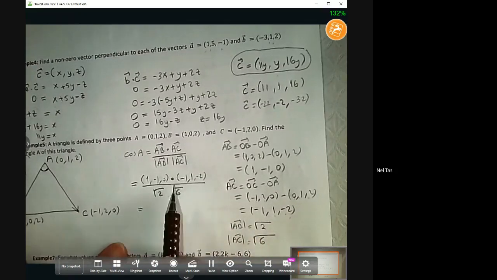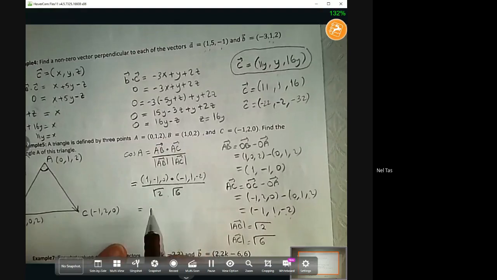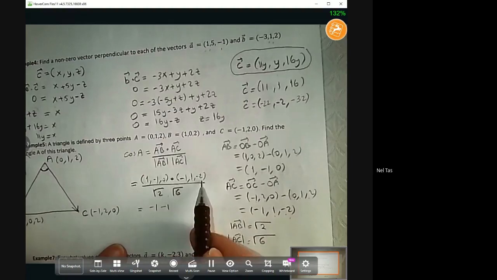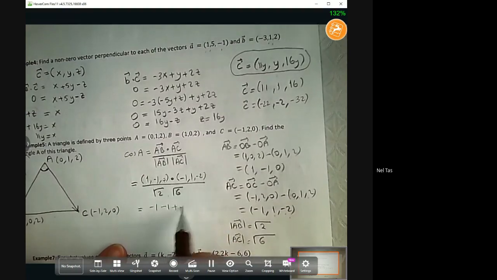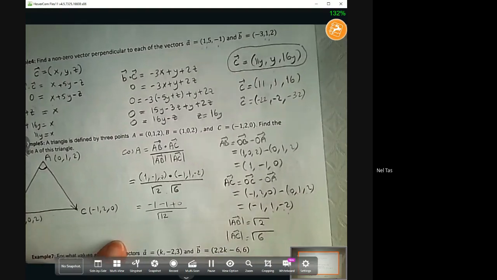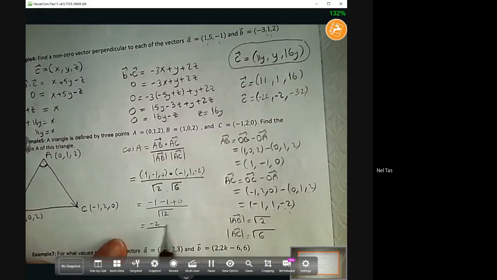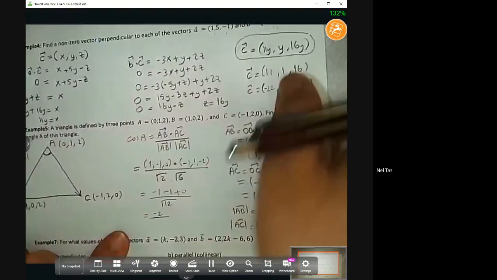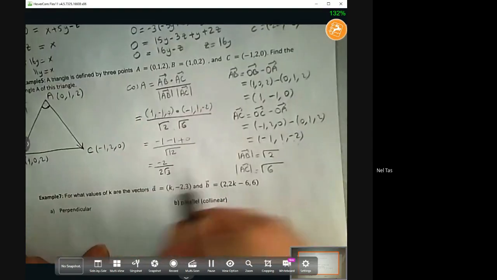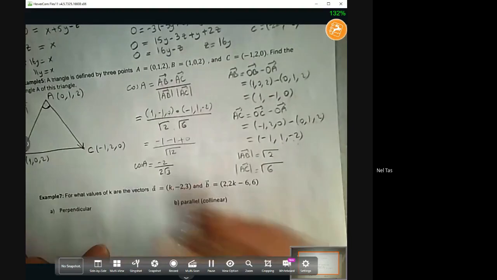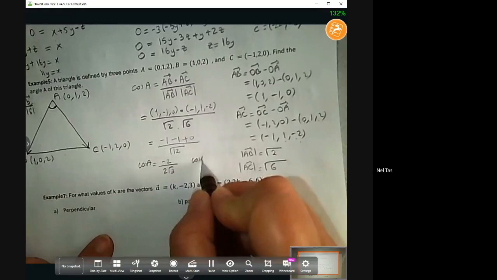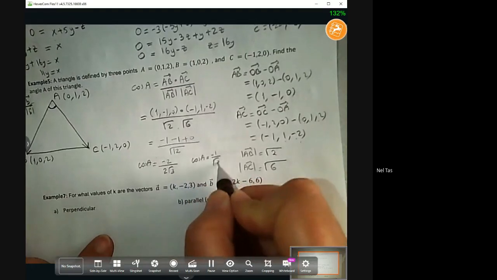Okay, so let's do the dot product. 1 times negative 1 is negative 1. Negative 1 times 1 is negative 1. 0 times negative 2 is 0. And the denominator gives you root 12. So negative 2 over root 12, which is 2 root 3, is cos A. If you simplify this, you get negative 1 over root 3.